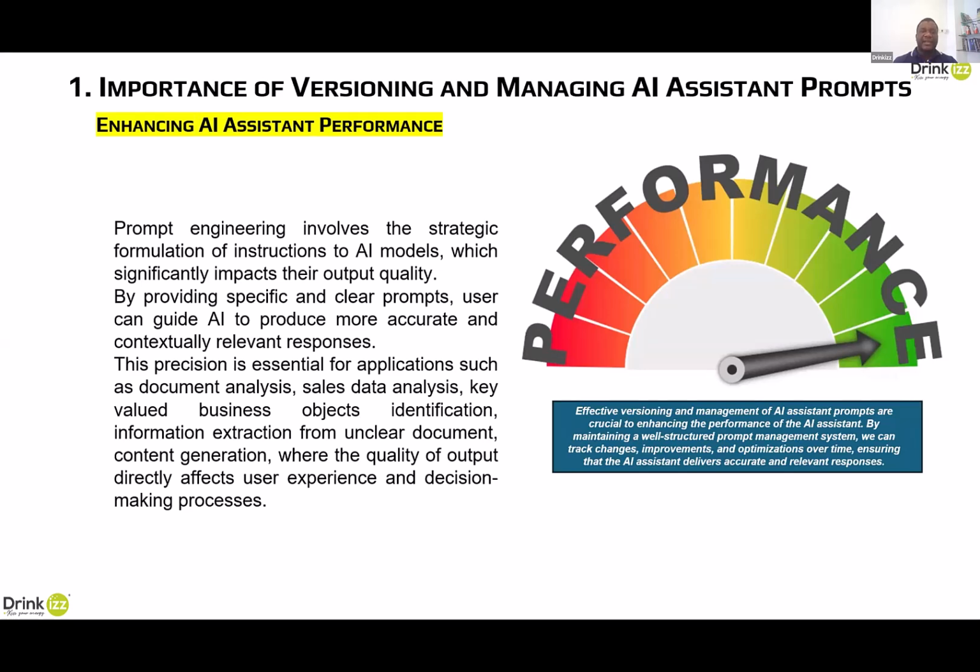By carefully managing and adapting prompts, we can make AI work better, improving user experience and helping with decision making. By maintaining an organized prompt management system, we can track changes, improvements, and optimization over time, making sure that the AI assistant delivers accurate and relevant responses.